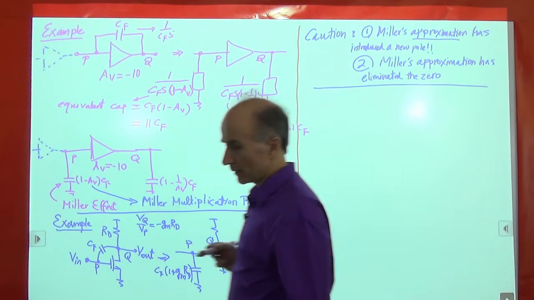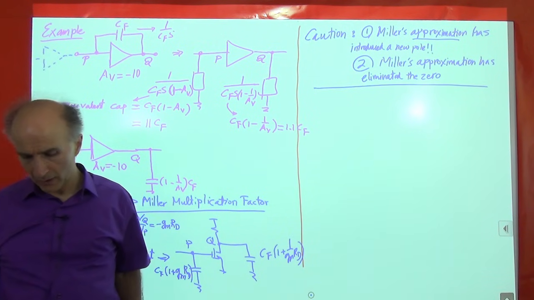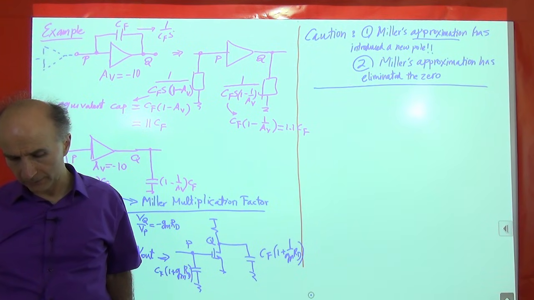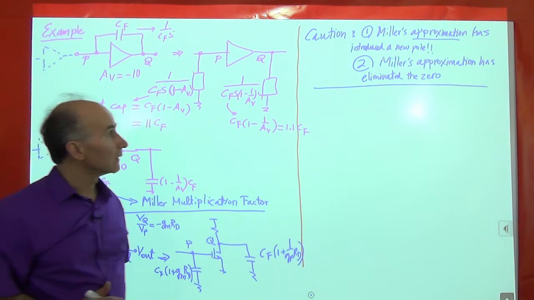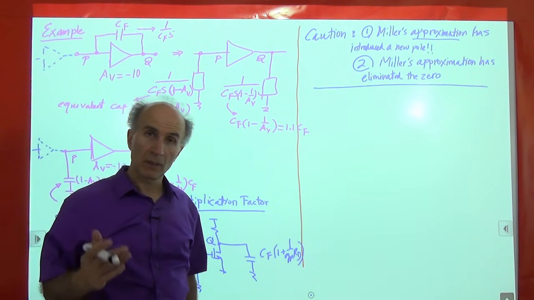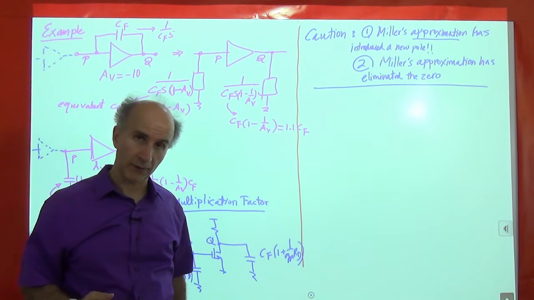Very well, let's move on and talk about the high frequency model of bipolar transistors. Okay, so we saw that generally we don't like capacitors because capacitors give us poles and poles reduce the bandwidth of any circuit, right?